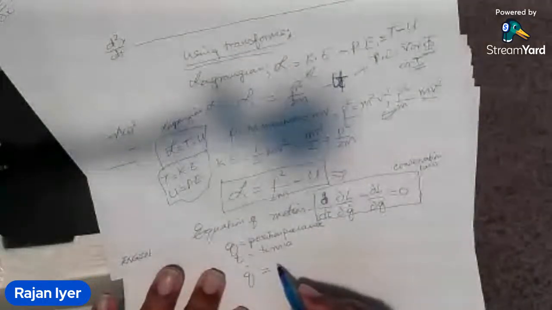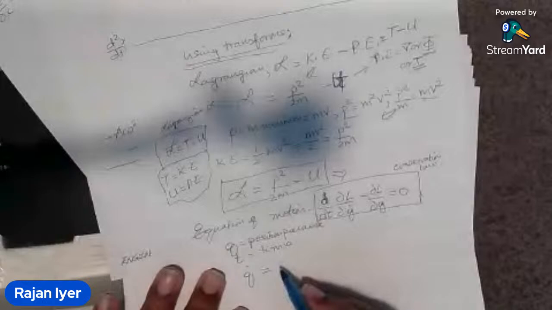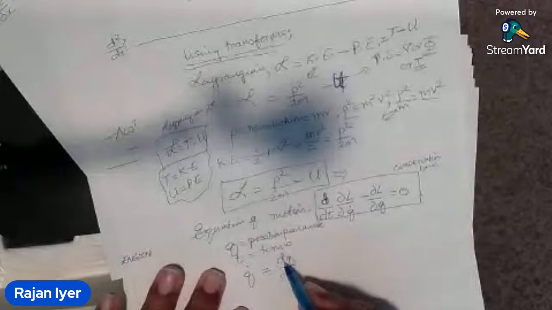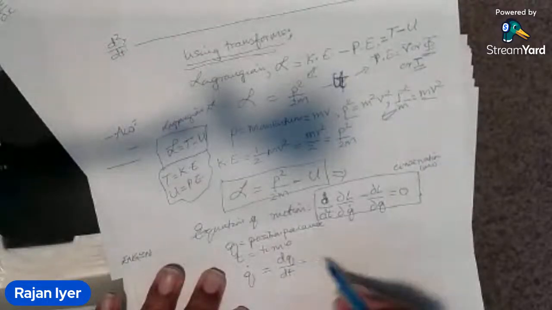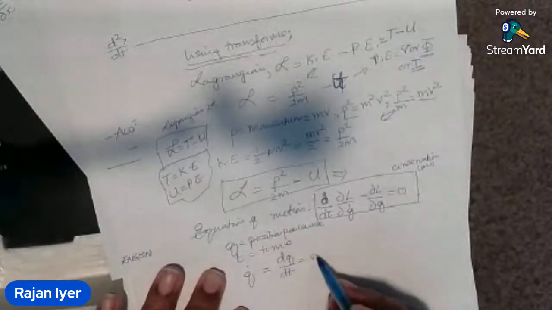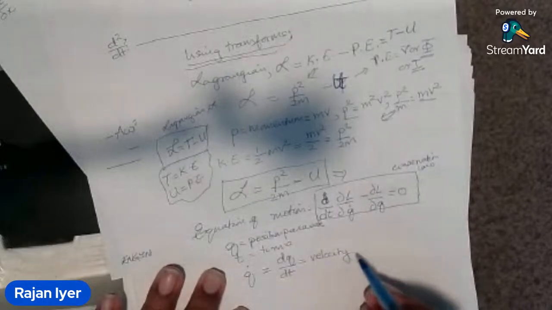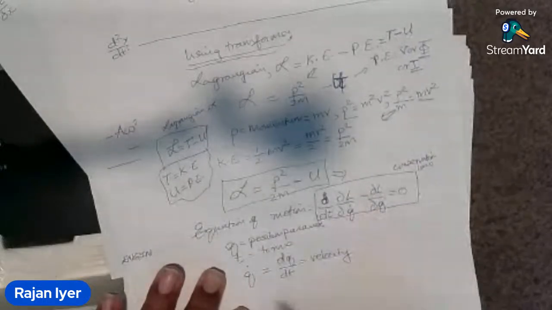So Q prime is nothing but the differential of position with respect to time, so it's dq by dt, which is the velocity. So q prime is velocity, q is the position.